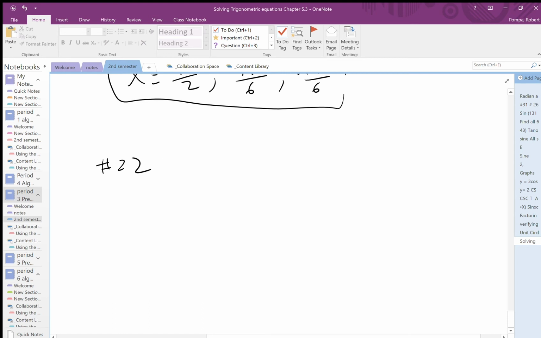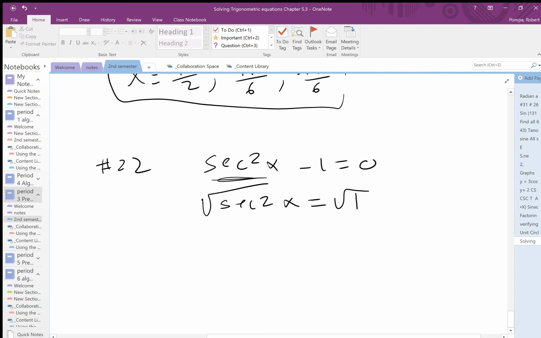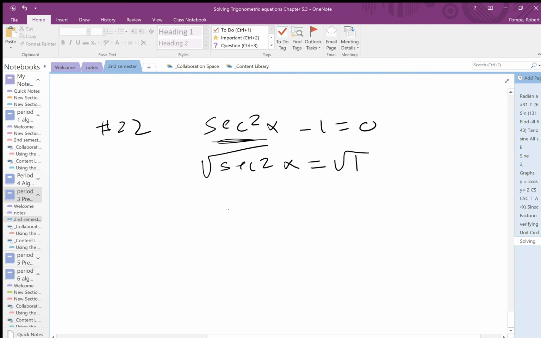Okay, just so you guys can see something. 22 says secant squared x minus 1 equals 0. Again, since there's only 1, I can actually put this over, so I get secant squared x equals 1. Square root it. Secant of x equals plus or minus, the square root of 1 is 1.